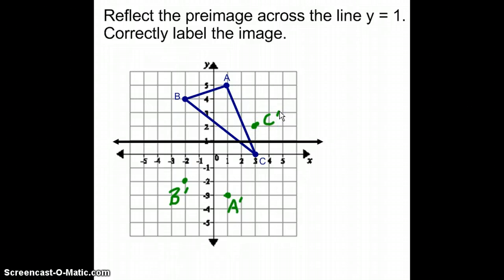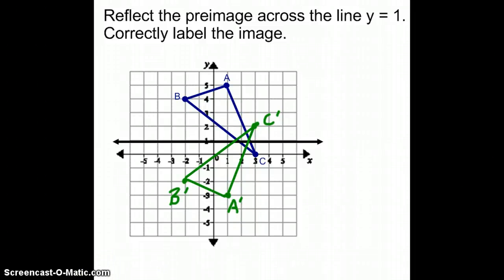Now that we have drawn all 3 of our reflection points, we can connect our image points using a straight edge, and if we draw our 3 segments, we now have triangle A prime, B prime, C prime that is reflected over the line y equals 1.